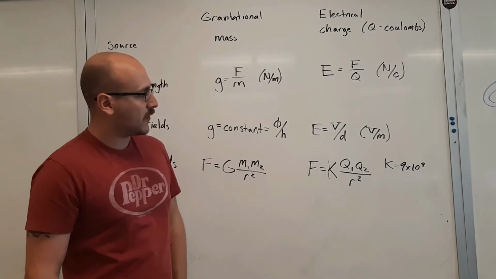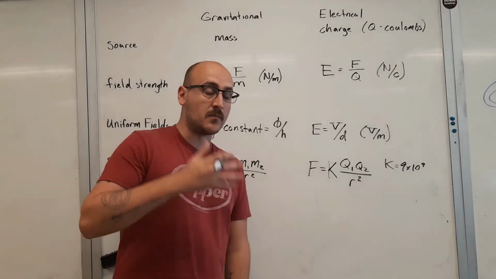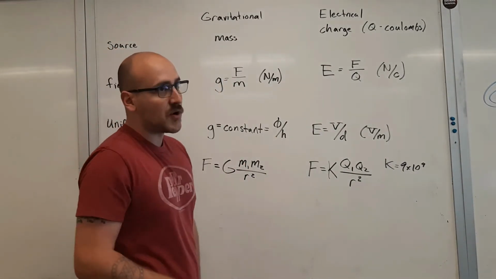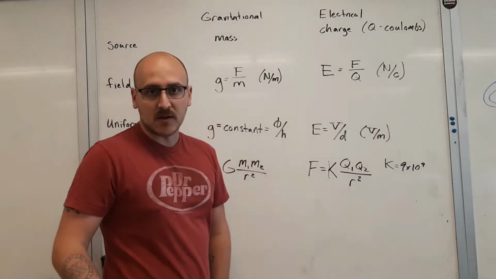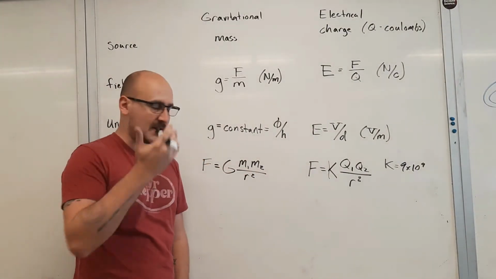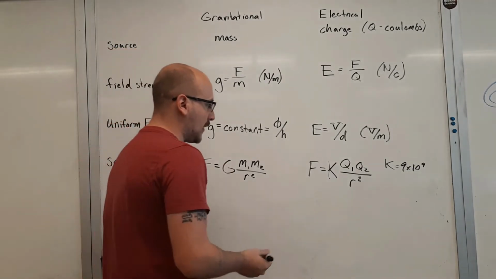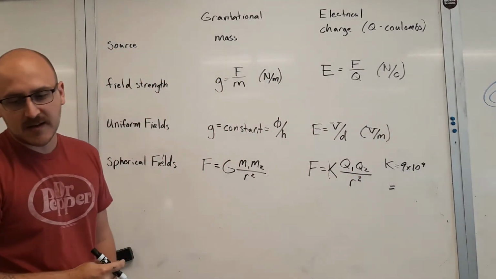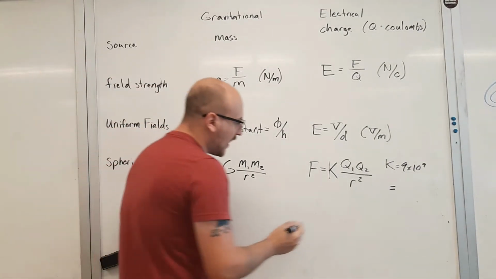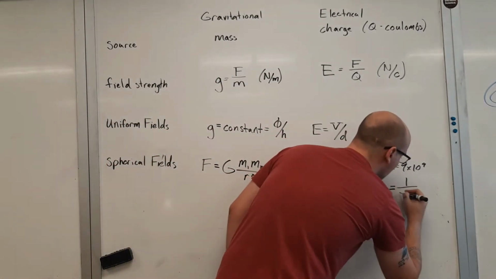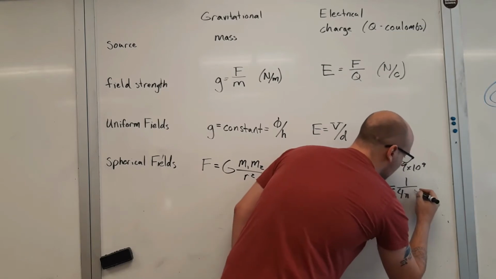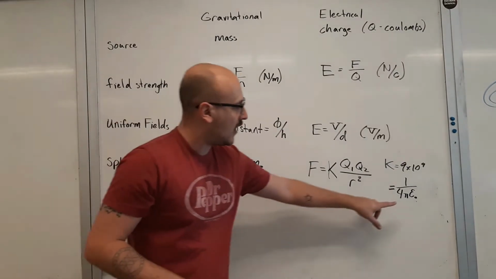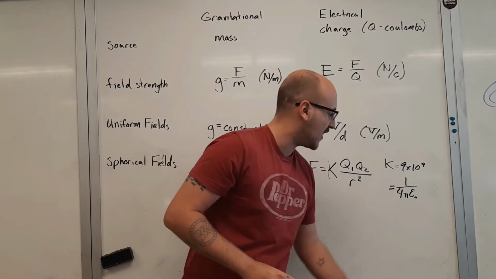There is another way for us to write this formula, and this is the way that the book would be giving it to you, because this K here is actually based on another constant called the permittivity of free space constant. So if we're looking at K, if we want a more precise number than 9 times 10 to the 9th, it is instead equal to 1 over 4 pi fancy E with an O. So that fancy E with an O, that is another constant called the permittivity of free space.